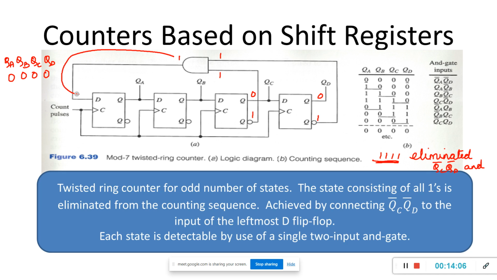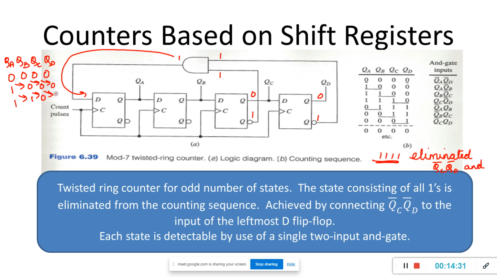So that will go to this first flip-flop, 1 will come. Next again it will shift. Now again both are 0, 0. So QC, QD are 0, 0, QC bar, QD bar are 1, 1. So that 1, 1 is given as an input to this AND gate. 1 will go here. So here it will get 1 again.